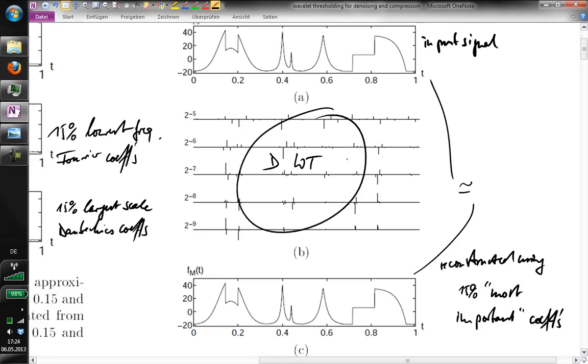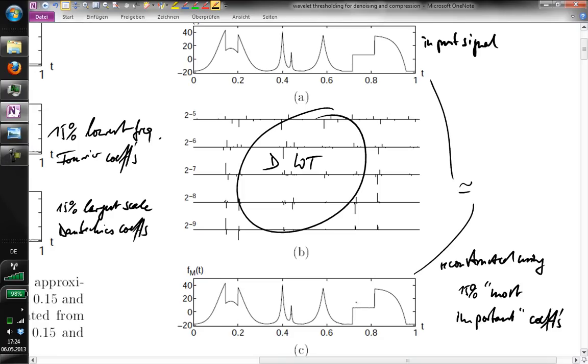Unfortunately, I don't have a comparison image for a reconstruction using the 15% most important Fourier coefficients, but I conjecture that the result would look a lot worse, because when I eliminate some of the plane waves, they no longer interfere constructively and destructively at the right places. So I might mess up my signal more. And I regret that I don't have an image to illustrate that effect to you.